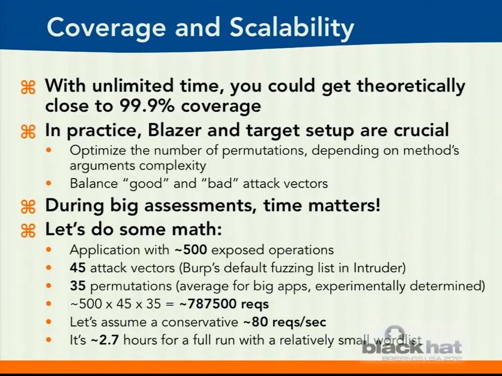So if the data pool is properly personalized and customized for the application, and we iterate this as many times as required, depending on the application complexity, we will be able to automatically generate valid objects and then valid AMF messages for all exposed methods. But this is obviously a matter of customizing Blazer in a proper way, choosing the proper number of permutations, and balancing the good and bad actor vectors.